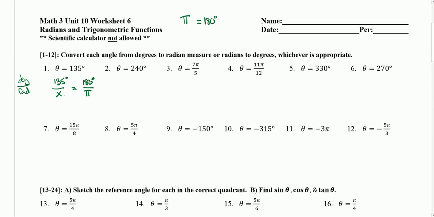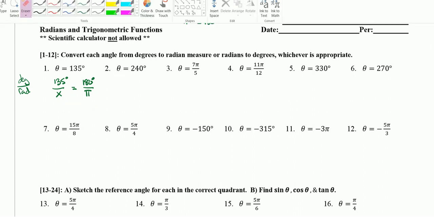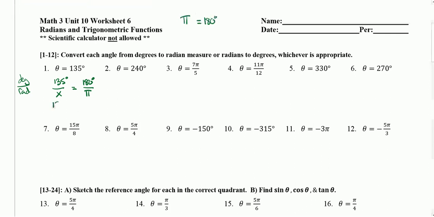And so we cross multiply. I'm not multiplying correctly here. Let me fix that. 180 times x is equal to 135 pi.